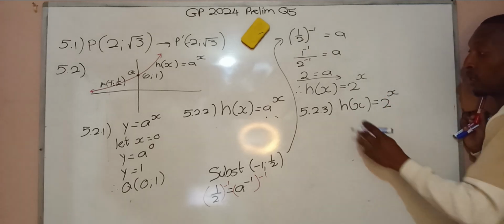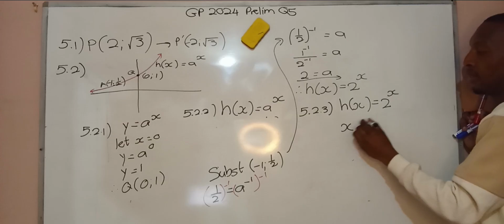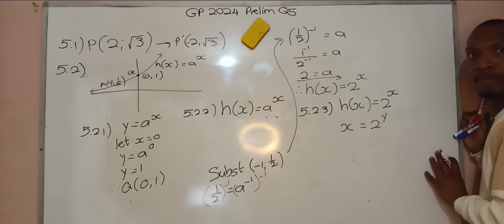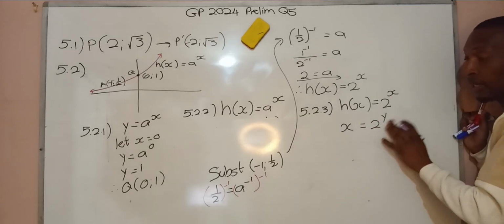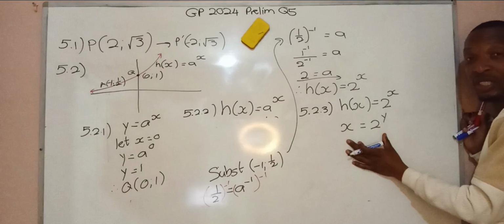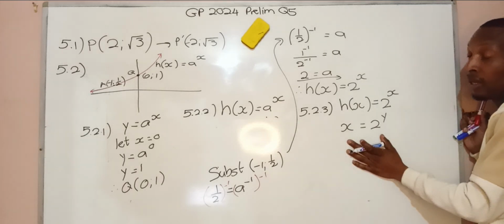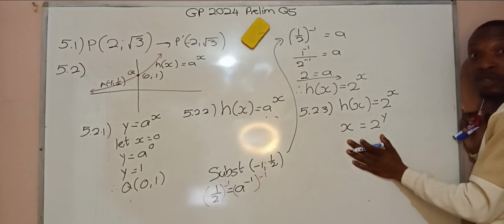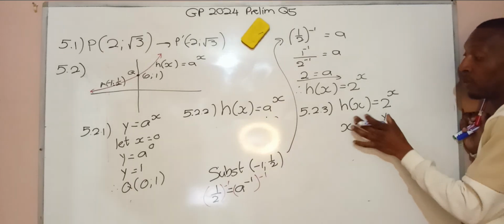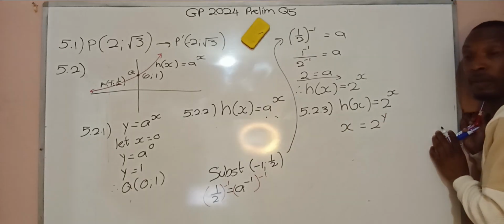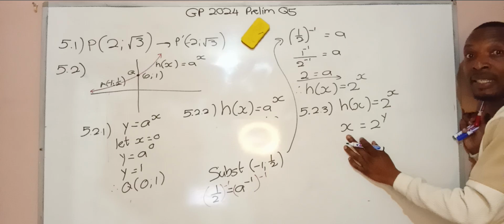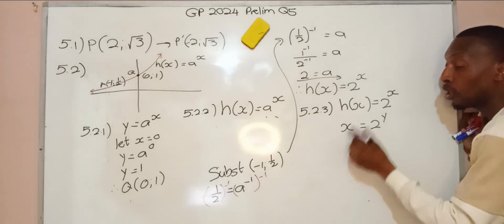So I'm going to have an x here is equal to 2 to the y, right? I need to solve for y. It's an exponential equation. And we know that you need to get the bases to be the same. If the bases are the same, then we can say the exponents are equal. But there's no way you can write x with a base of 2. So that's where the logs come in.